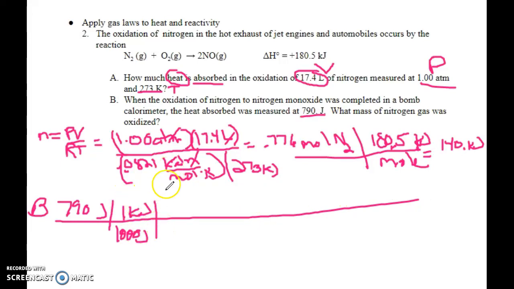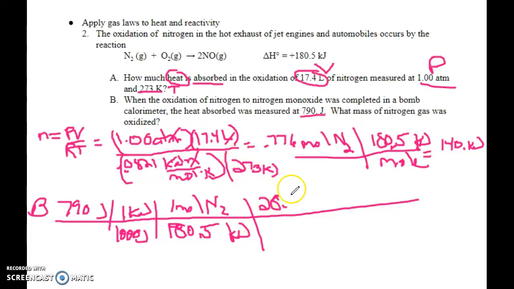So I have 1 mole of N2 for my 180.5. Again, this is the value given in the reaction. And I'm using the molar mass of N2 of 28.02 grams and 1 mole. And that's going to give me 0.123 grams.